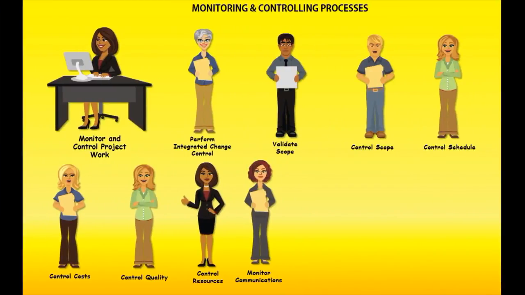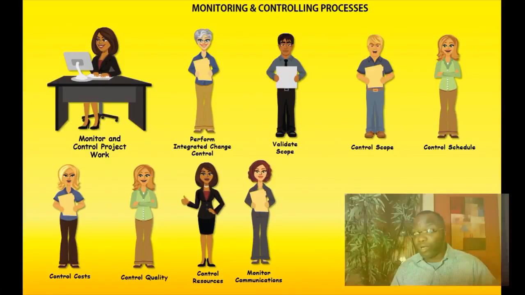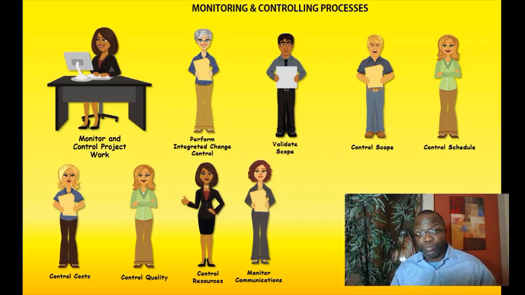Either realign the expectations with the plan, or if the plan isn't being followed, the project manager needs to ensure that the team follows the plan, or that he or she follows the plan. So in monitor communications, you are monitoring to ensure that those communications were communicated and the plan was followed. That's pretty much it.